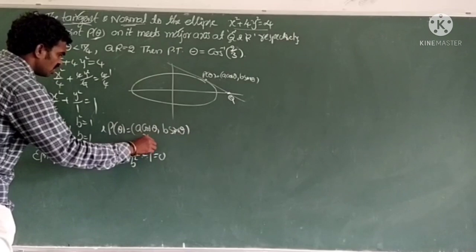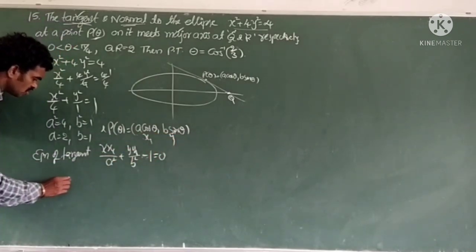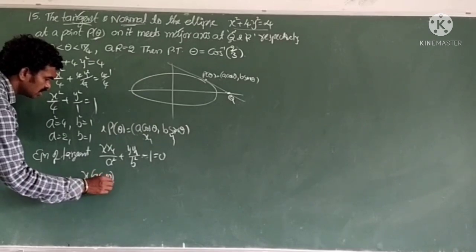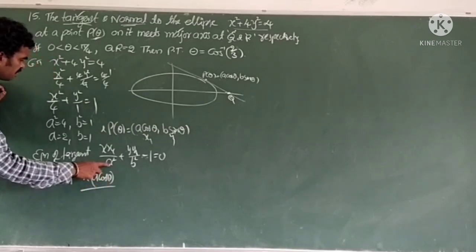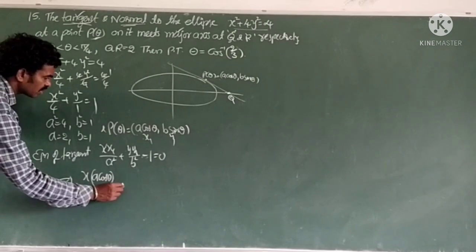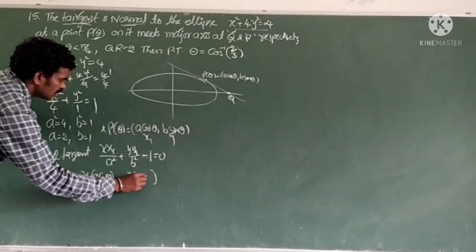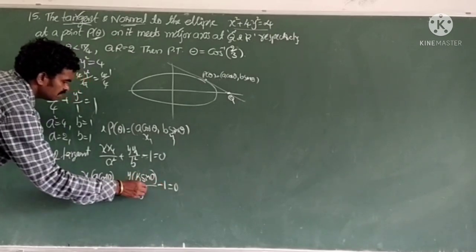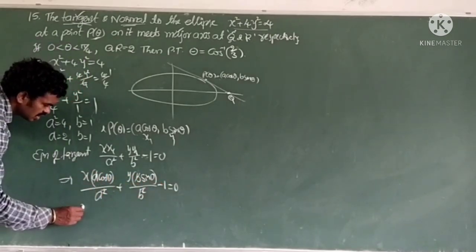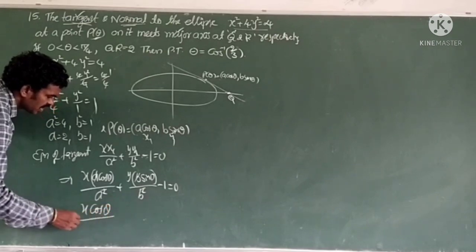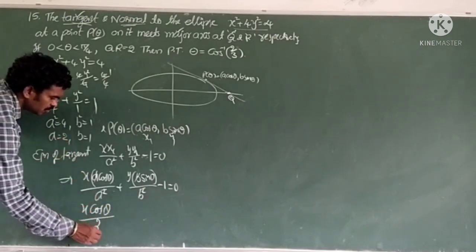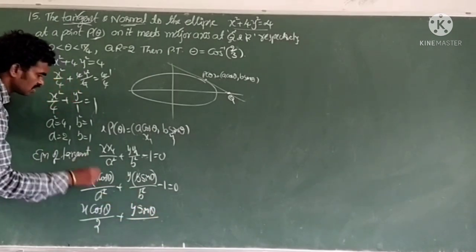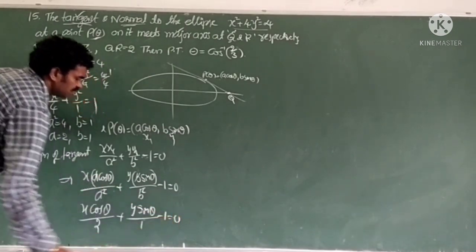So this is x1, this is y1. So it becomes x into x1 means a cos theta by a square plus y into y1 means b sin theta by b square minus 1 equal 0. So b square cancel, a square cancel. So x cos theta by a means 2, plus y sin theta by b means 1, minus 1 equal 0.